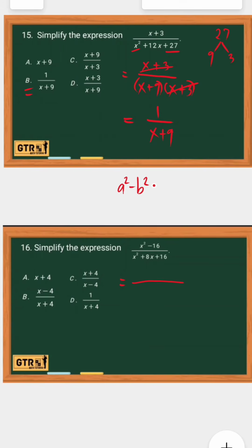So if we have difference of 2 perfect squares, so that is equal to a plus b times a minus b. Okay? So therefore, x squared minus 16. So 16 can be expressed as 4 squared. So therefore, the factors of x squared minus 16 are x plus 4 times x minus 4.